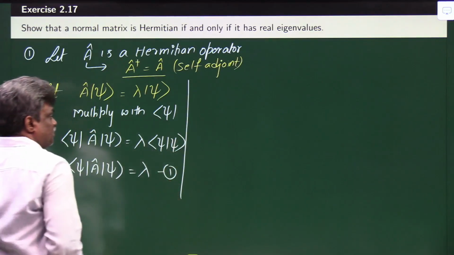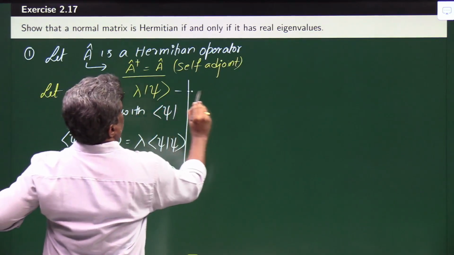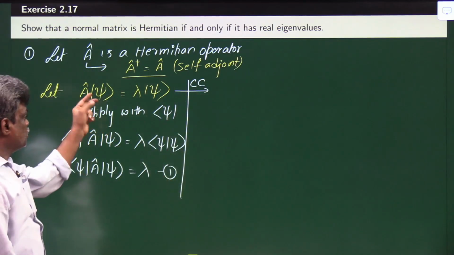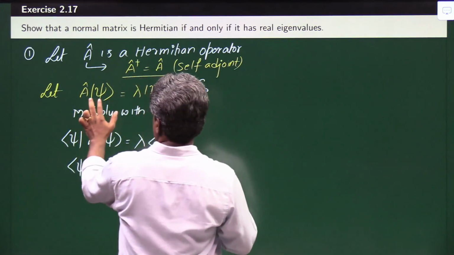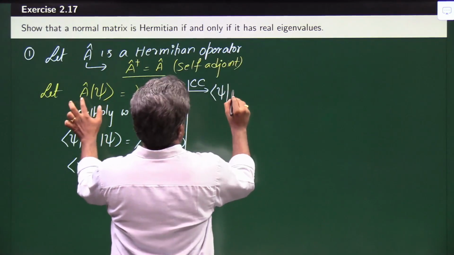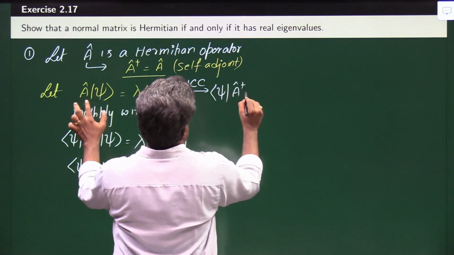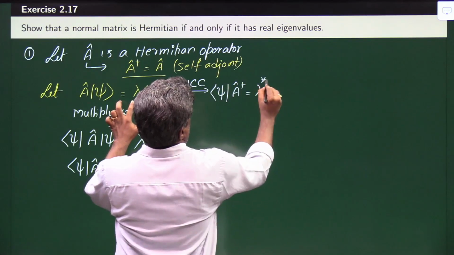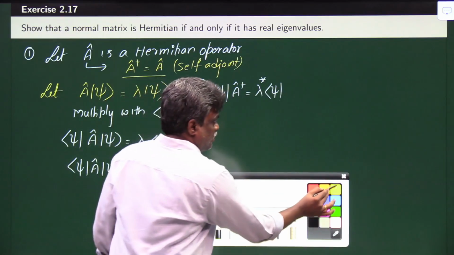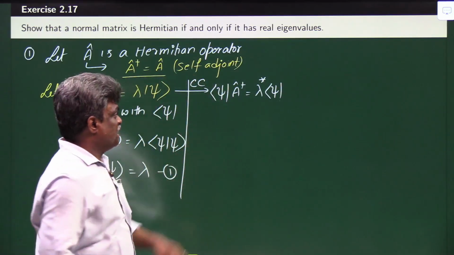Next, I'm taking the complex conjugate here. Whatever I first assumed, I'm taking the complex conjugate. Then this bra vector will become a ket vector, A will get a Hermitian conjugate, lambda will become lambda star, and again the ket will become a bra vector. Now this is my second equation.